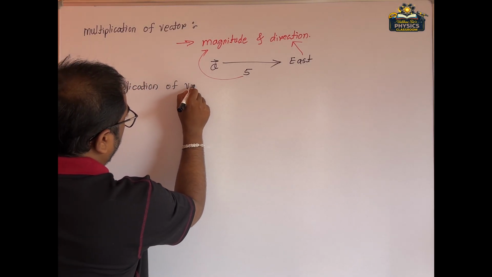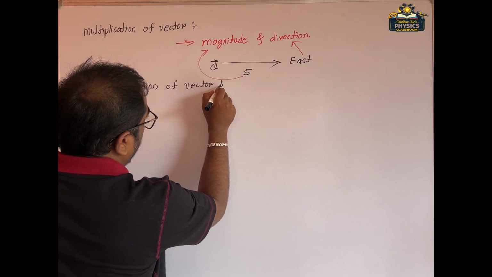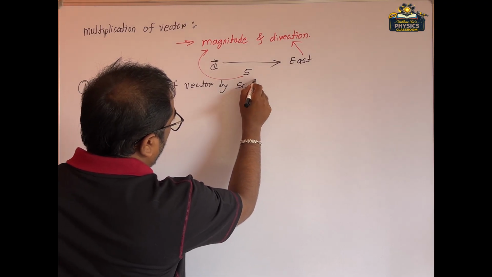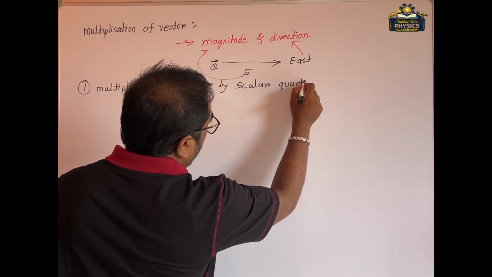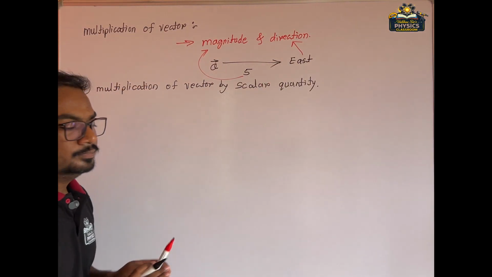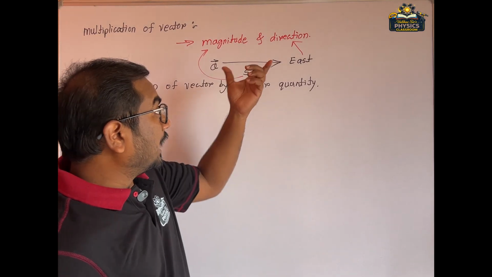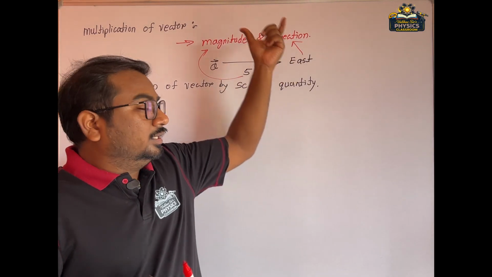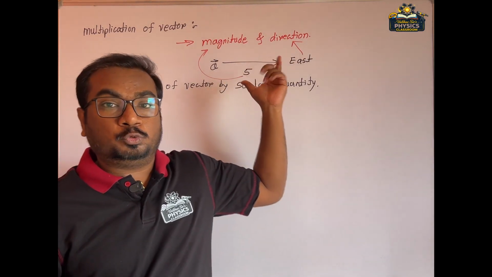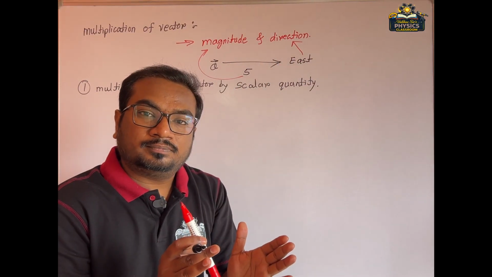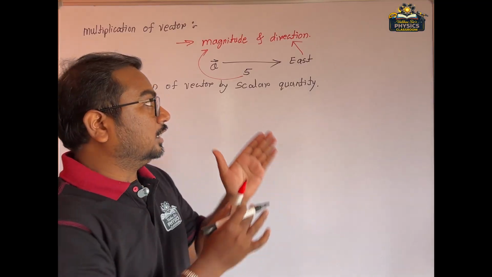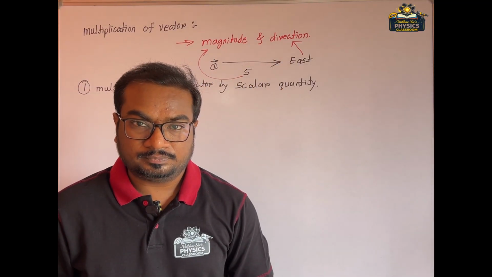You all know the size of the arrow of a vector depends upon the magnitude. If there is a small magnitude, there is a small arrow. If there is a large magnitude, there is a large arrow.